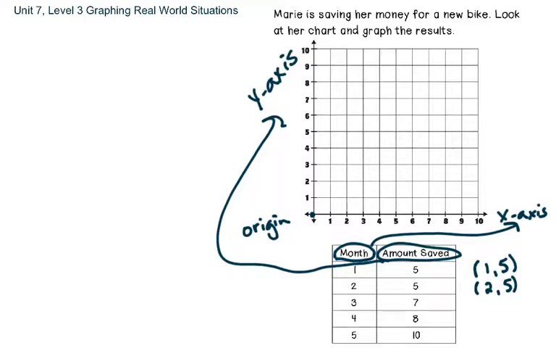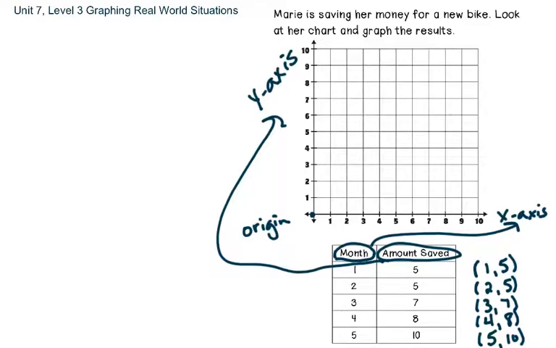For 3, my x coordinate is a 3, and my y coordinate is a 7. For 4, my x coordinate is 4, and my y coordinate is 8, and then 5. That's my x coordinate, and 10 would be my y. So now I have 5 ordered pairs that I can now graph.